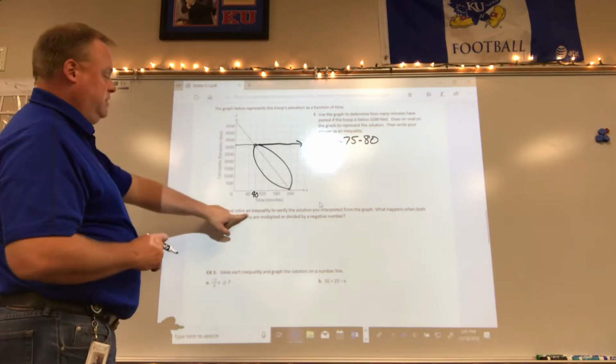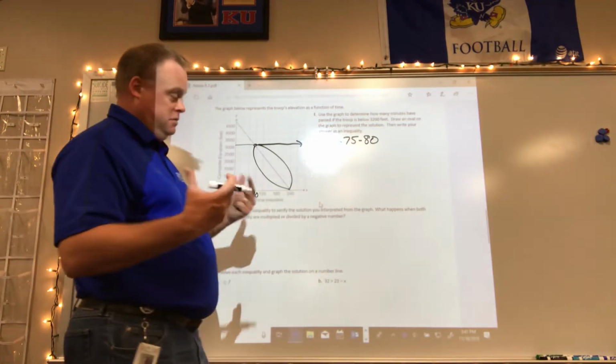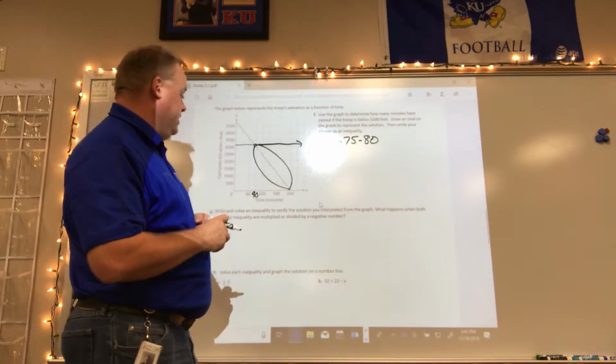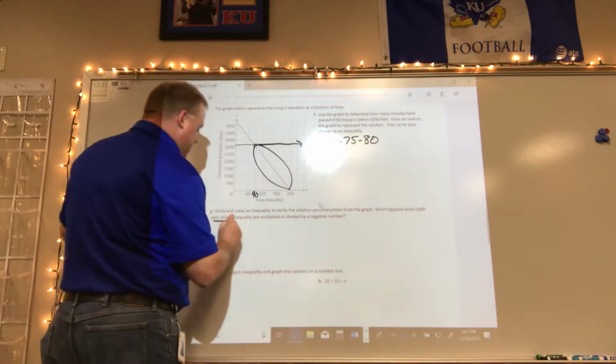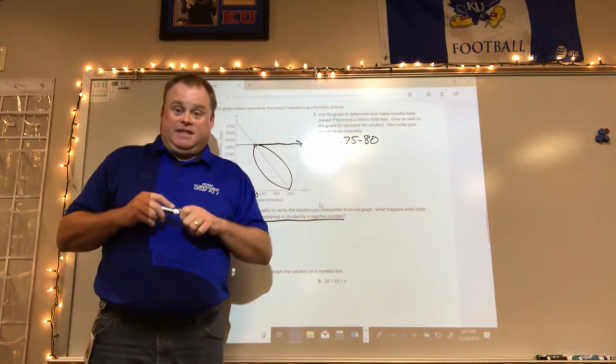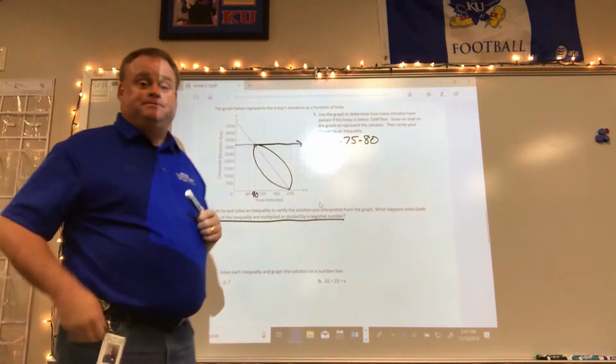It says, write and solve an inequality to verify the solution you interpreted from the graph. What happens when both sides of the inequality are multiplied or divided by a negative number? I think we've already dealt with that, but that's a big one, right? Okay, so here we go.